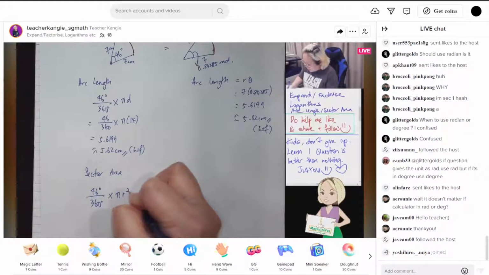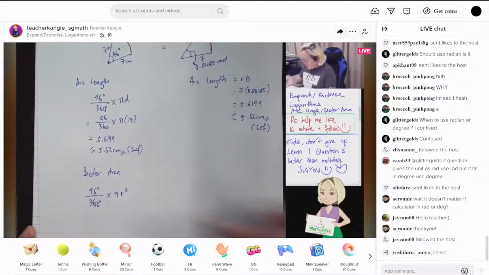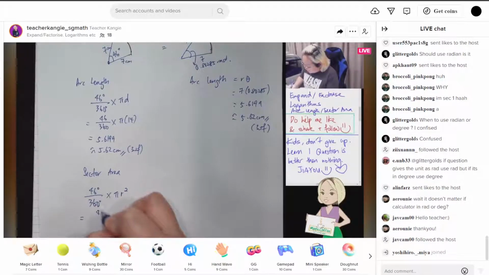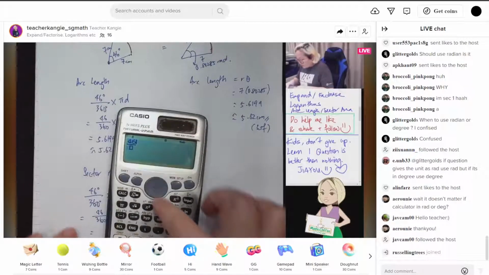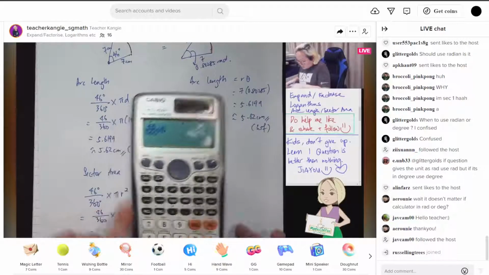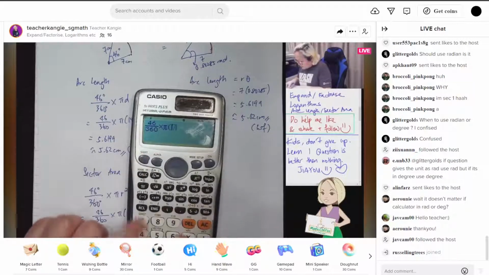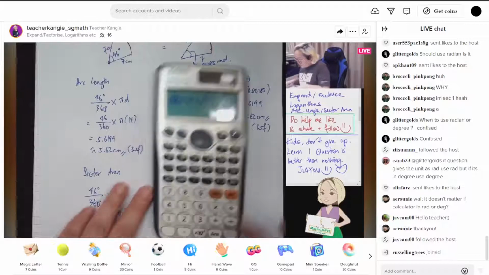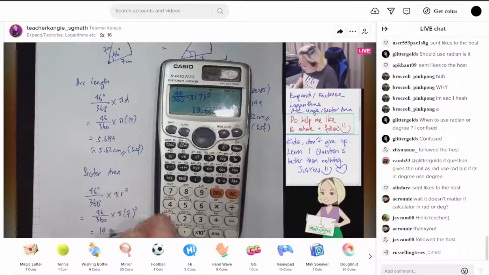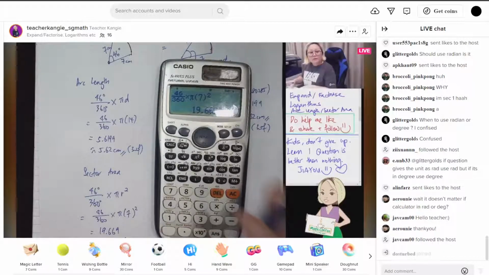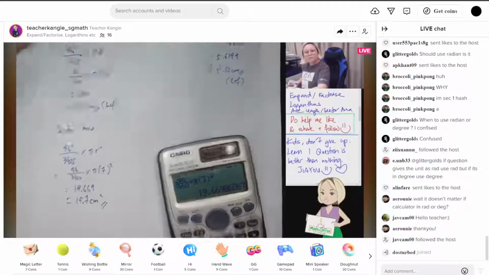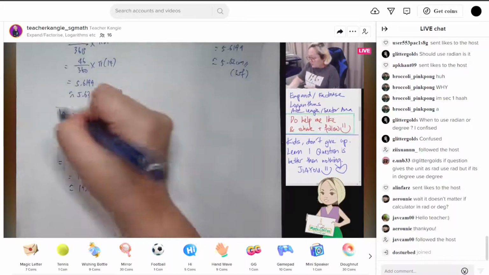So this will just be 46 out of 360 multiplied by pi times 7 squared. Press the calculator, of course: 46 out of 360 multiplied by pi 7 squared. I will have 19.669, round it off to 3 SF, 19.7 cm squared. Area. So this is sector area.